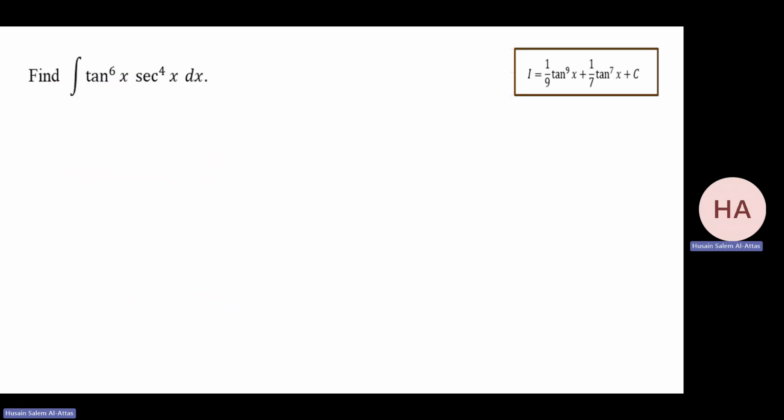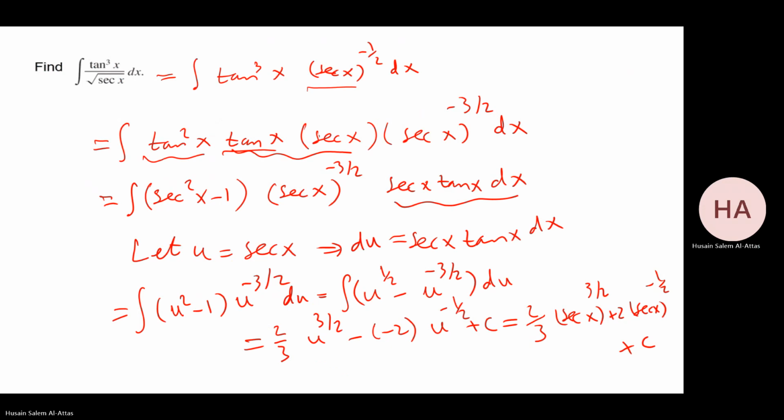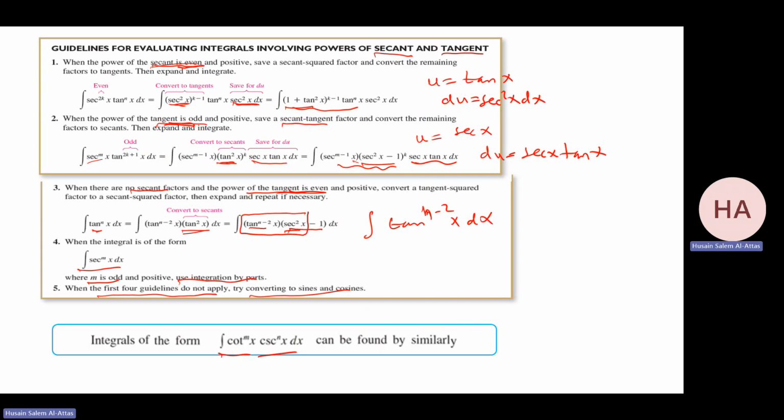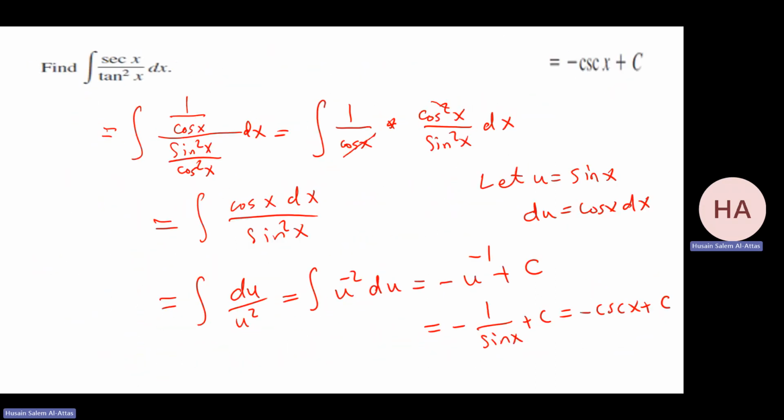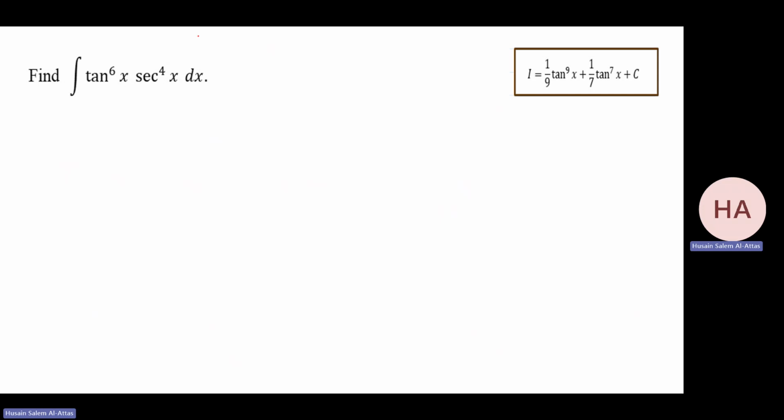Easy one. Tan to the power 4, secant to the power 4. What we have, secant is even, tangent is odd here. So secant is even, I will work out that secant is even. This is what I will work out. We'll try to save secant square.